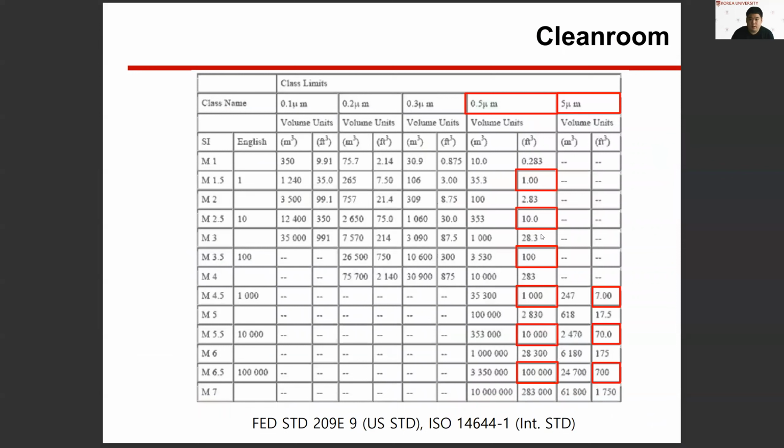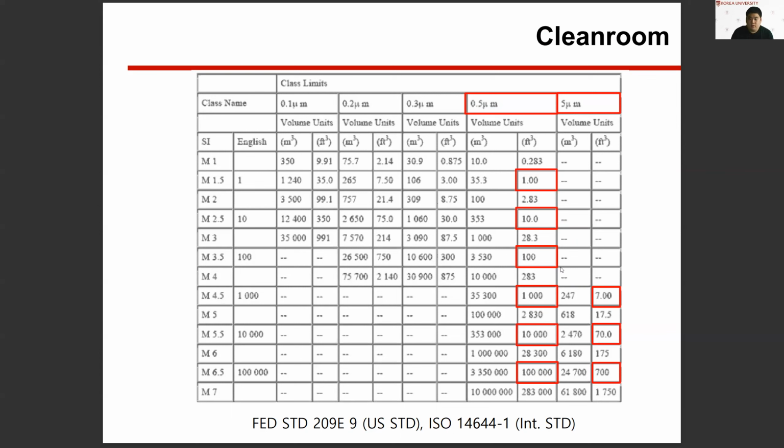This is the clean room class. How are the clean room classes called? It is determined by the amount of particles of 0.5 micrometers within 1 square foot of space.